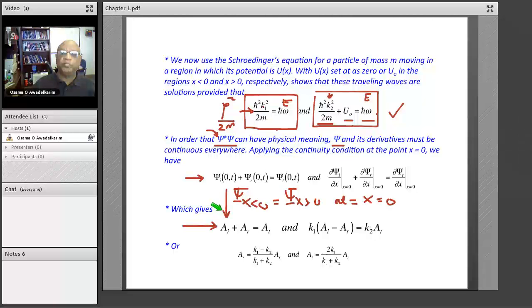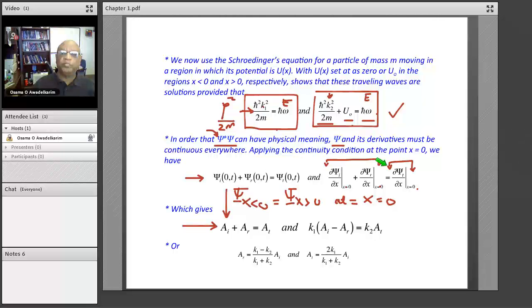Similarly, now you require that the derivative of psi at x equals 0 is continuous. So this is psi for x less than 0, and these are the derivatives. And then you evaluate the derivatives at x equals 0, and then you set it equal to the derivative of psi, the transmitted psi, at x equals 0. I leave you to do that.